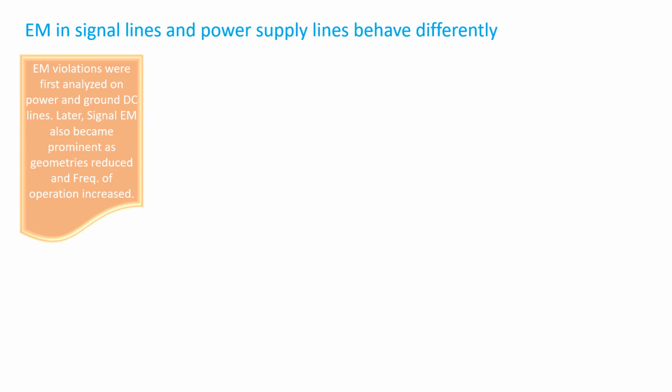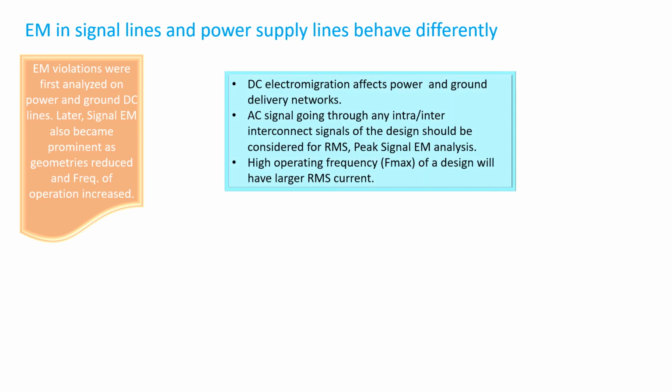EM violations were first analyzed on power and ground lines. Later, signal EM also became prominent as geometries reduced and the frequency of operation increased. DC electromigration really affects power and ground delivery networks, and AC signals going through any intra- or inter-block interconnect signals of the design should be considered for root mean square, peak, or average EM analysis.